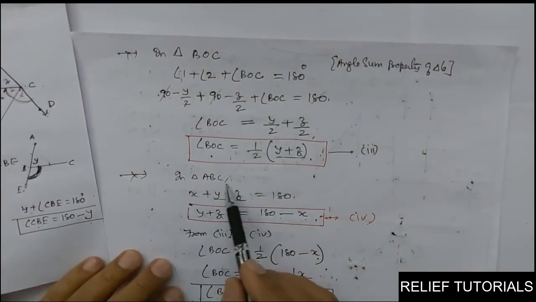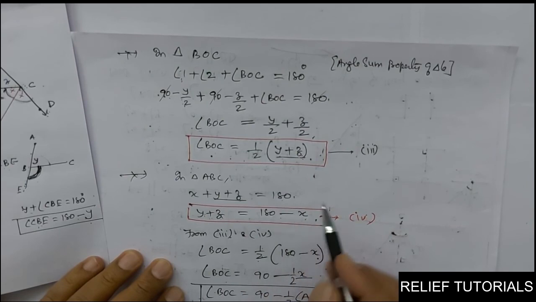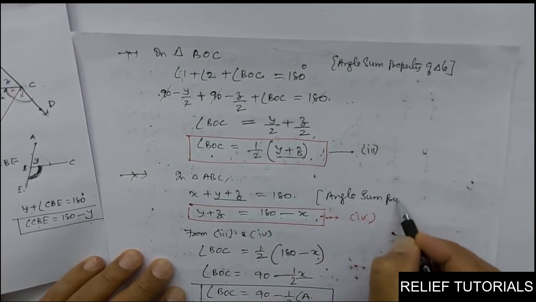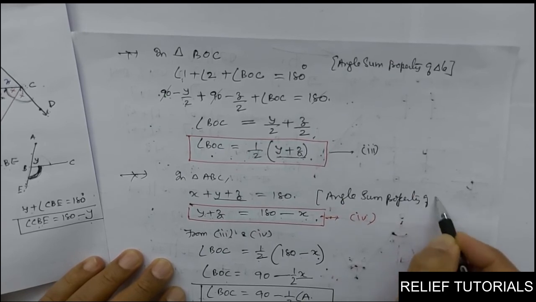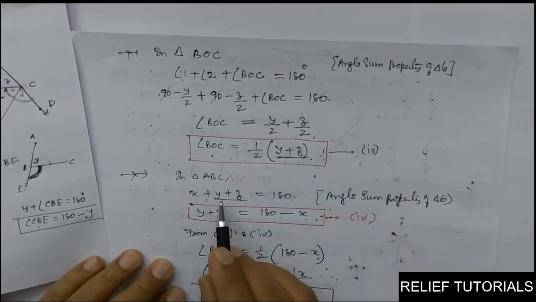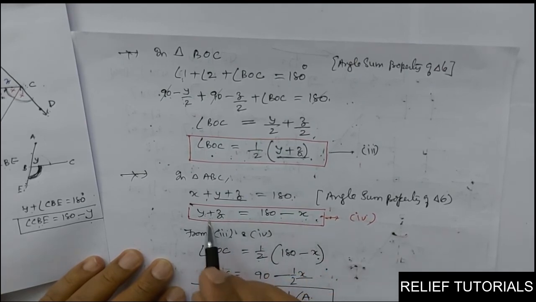So now in triangle ABC, x plus y plus z is equal to 180. Now y plus z is equal to 180 minus x. So I will substitute the value of y plus z in equation 3. So BOC is equal to half of 180 minus x. Open the bracket, so 90 minus half of x. Half of x is half of A.